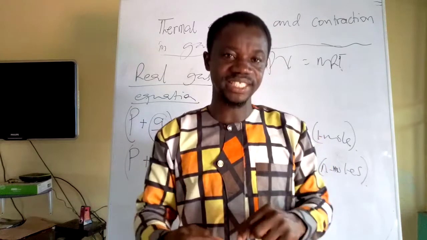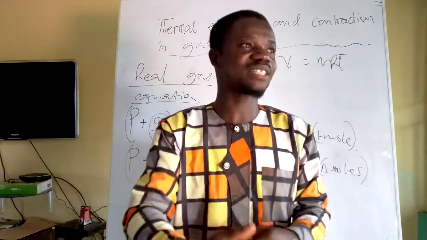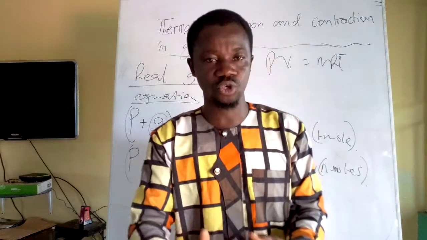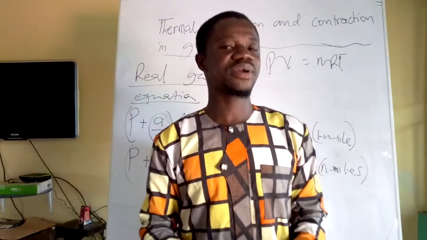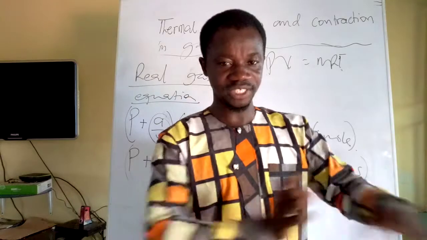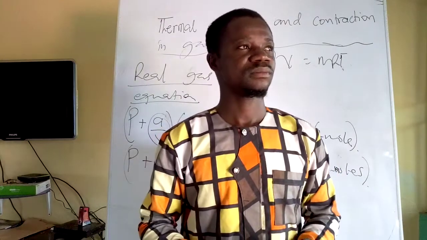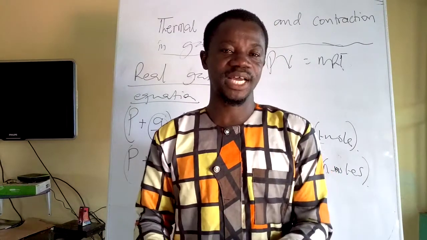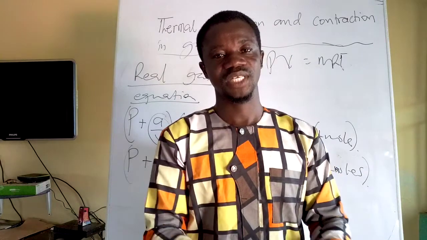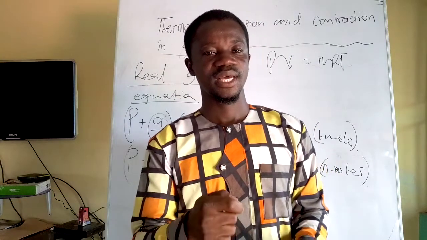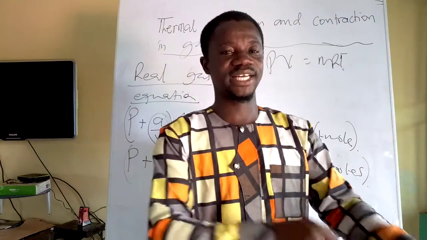That brings about potential energy in the real gas. The kinetic energy is the gas molecules in motion, constant random motion. In the real gas, there is potential energy, there is kinetic energy. So when temperature is supplied at very high temperature, the gas gains more kinetic energy.